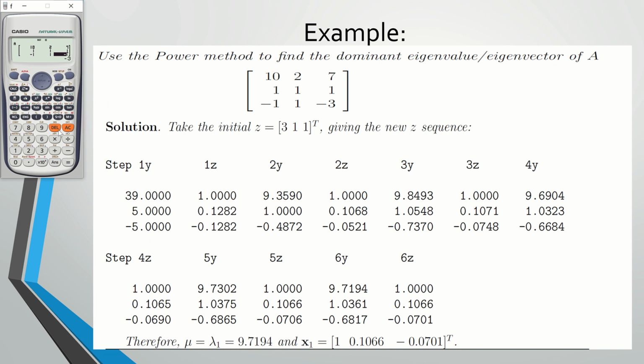Okay, and then go for another matrix. Two again. Then I have 3 by 1. Then I have 3, 1, 1. 3 is okay.